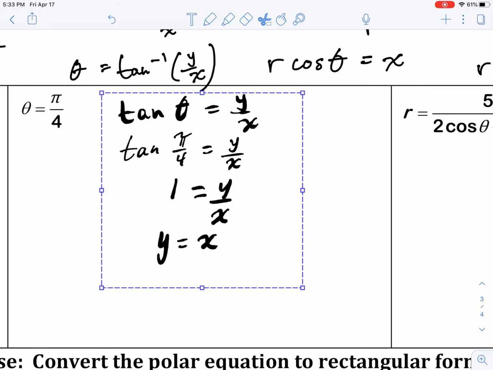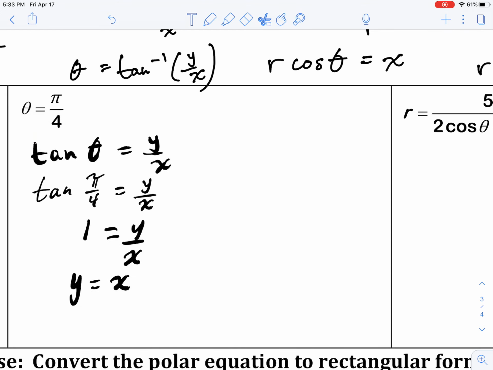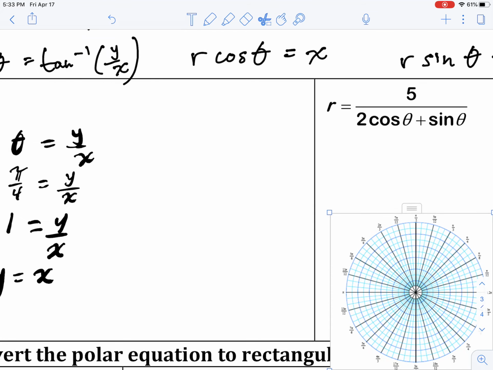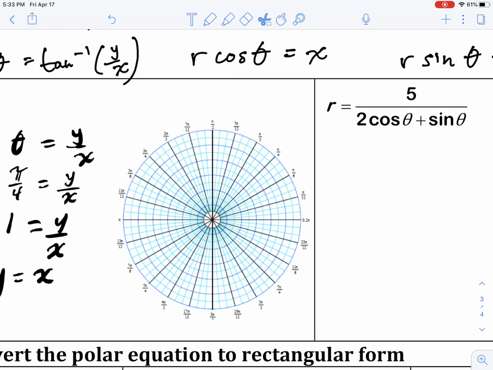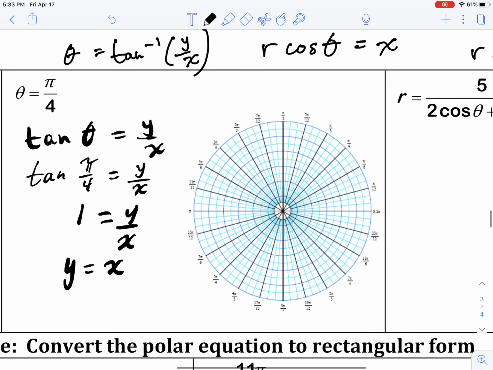And let me take a moment here just to reiterate, why exactly would theta equals pi over 4 give us the same graph as y equals x? Well, again, if I were to go ahead and graph that here real quick. So again, 1, 2, 3, 4, 5, 6.